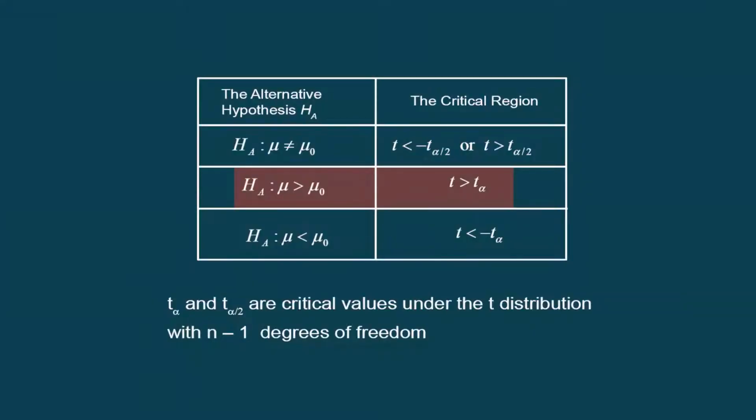Similarly, we go for the alternative hypothesis if we operate on the left hand side or the right hand side. So in this particular condition, we can go for mu greater than mu 0. Then accordingly, we follow the inequality in the null hypothesis. We accept the alternative hypothesis if t greater than t alpha, or we go for t less than minus t alpha.